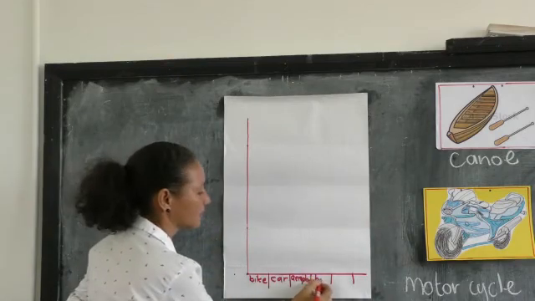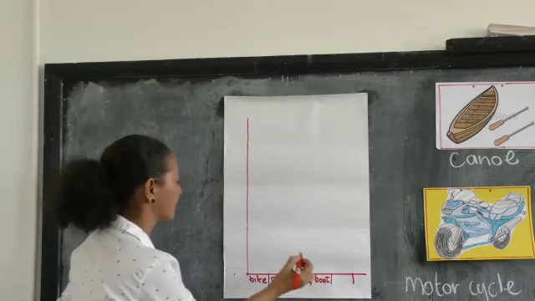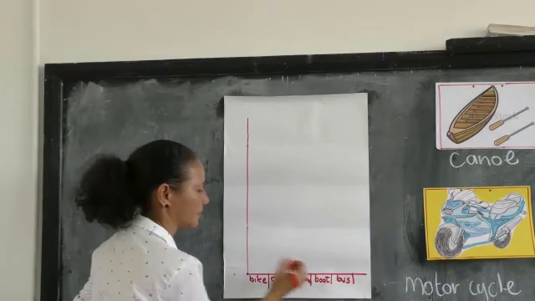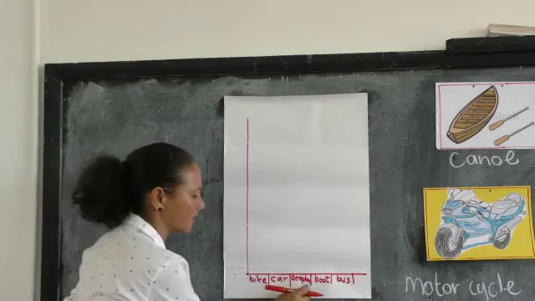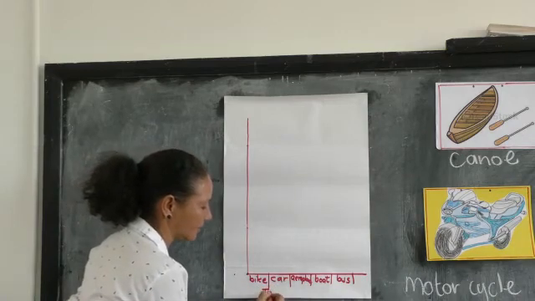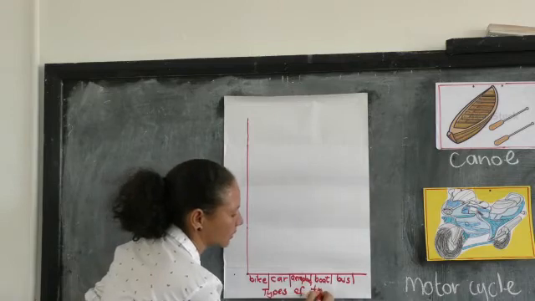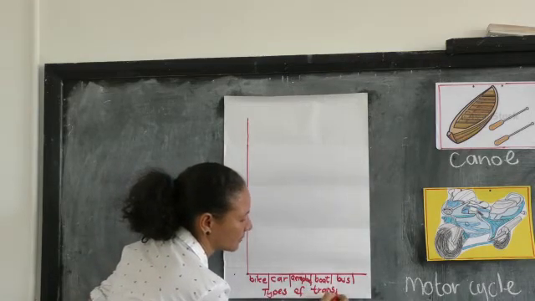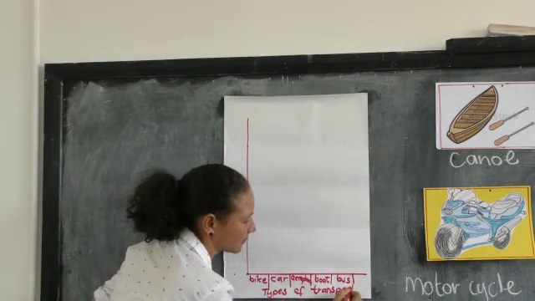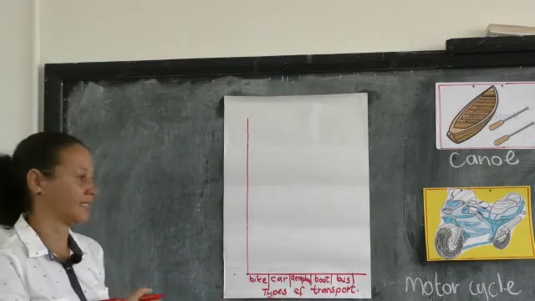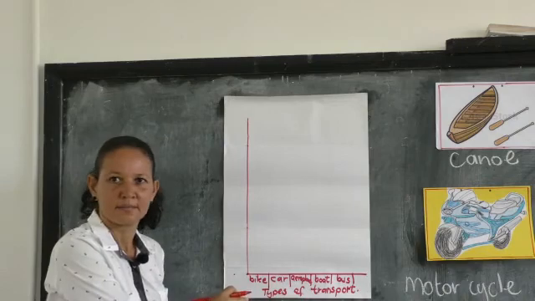Boat. And bus. So at the bottom here you write types of transport. Okay? So this axis is done.